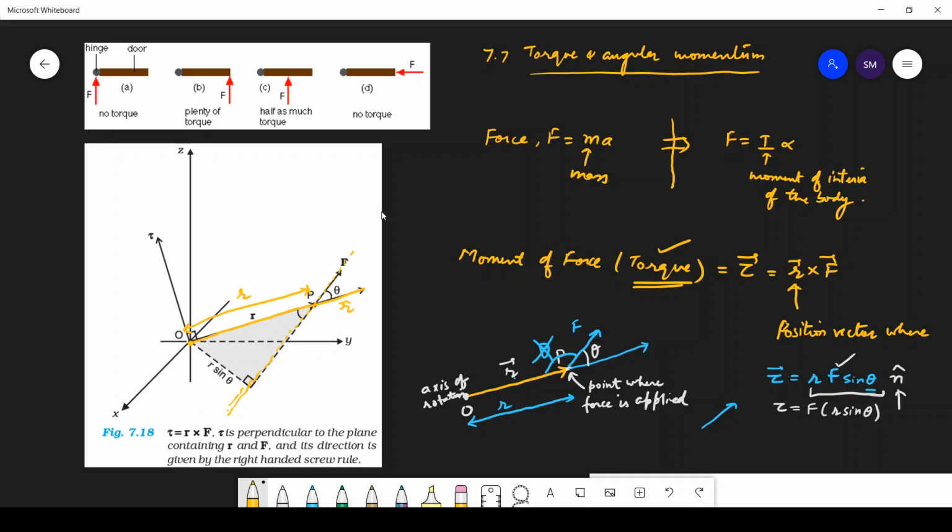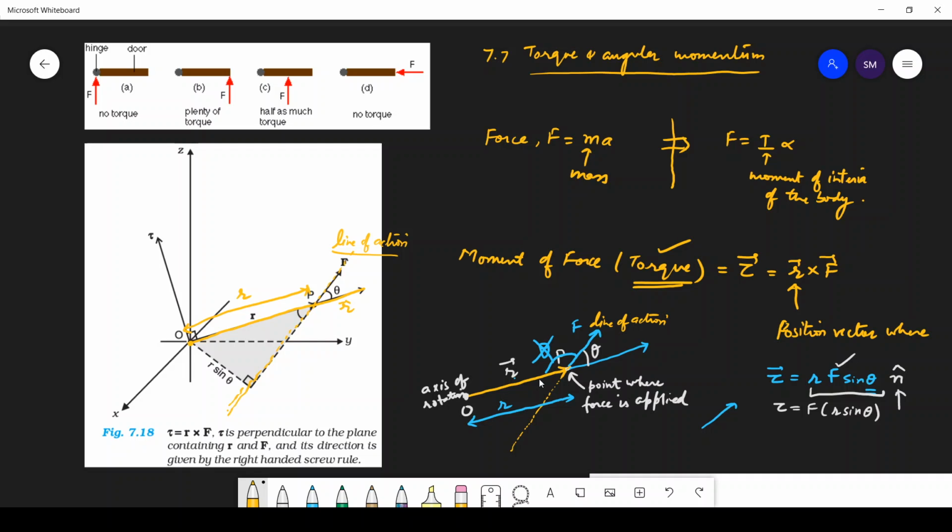So that is line of action. This whole line is the line of action. If you extend this force, meaning the direction, this line is your line of action.